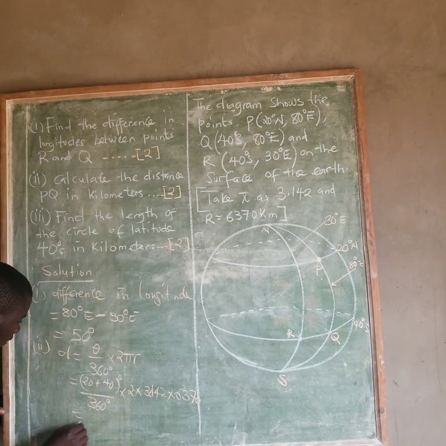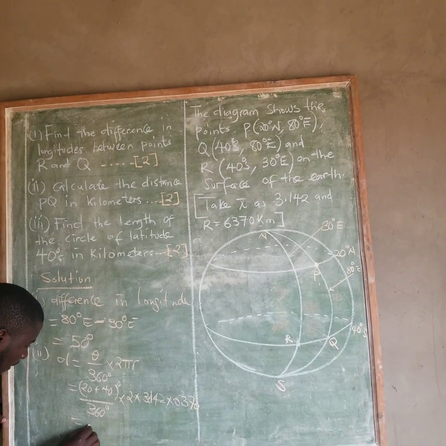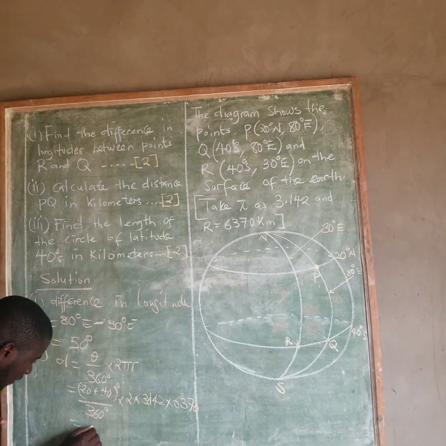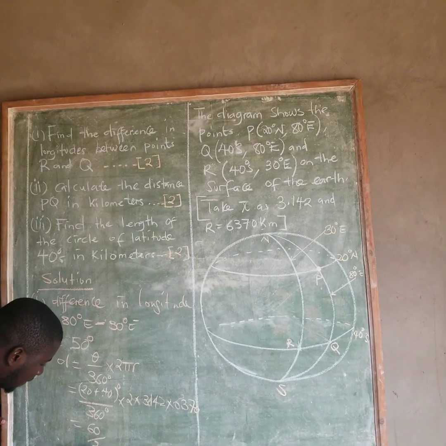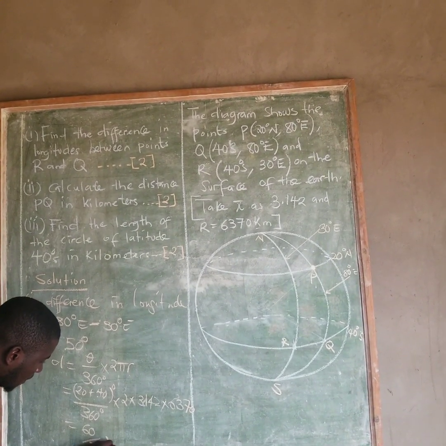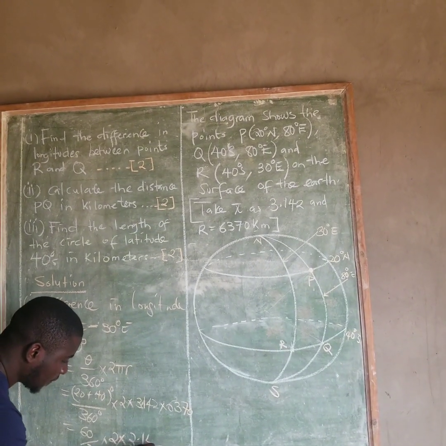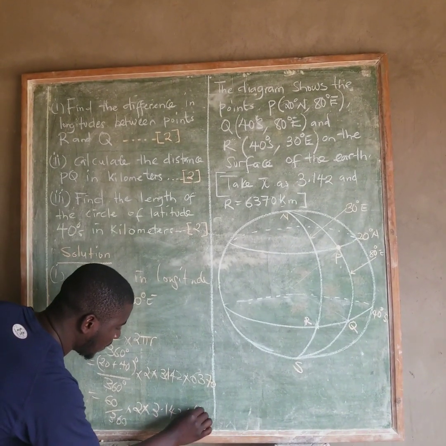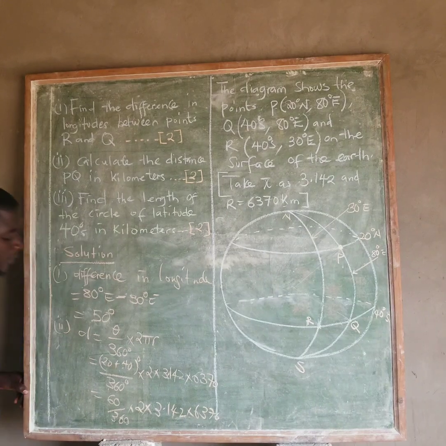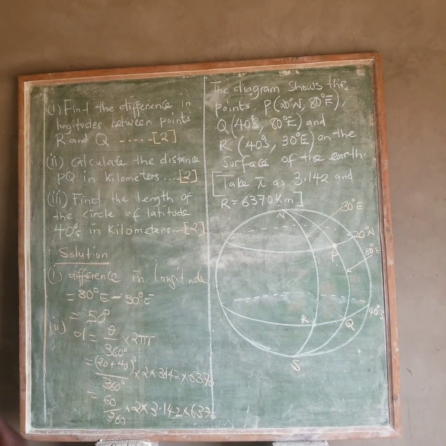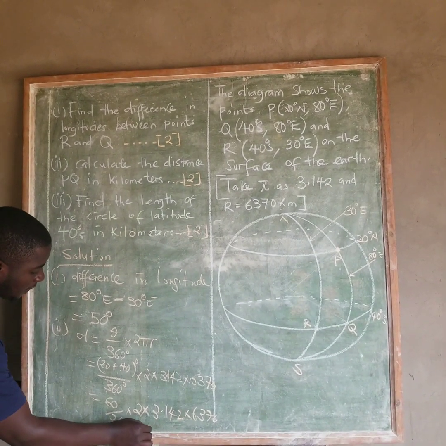So this is going to give us 60 over 360 times 2 times pi times the radius. When you punch on your calculator, you're going to get your final answer.